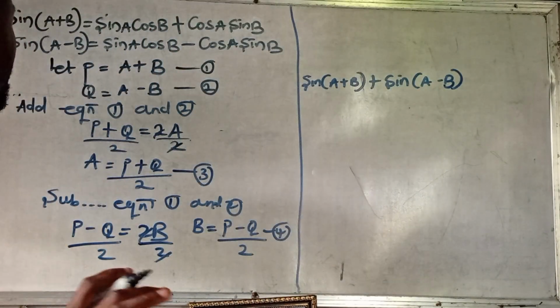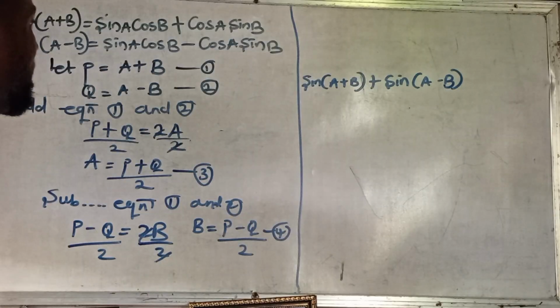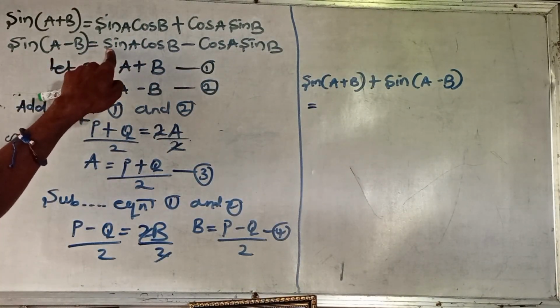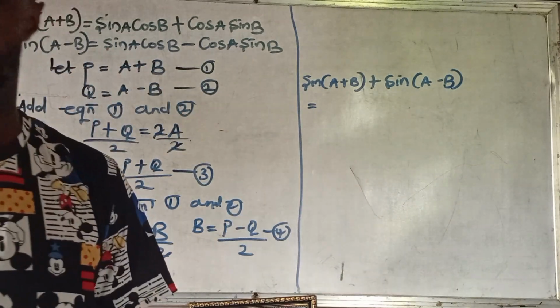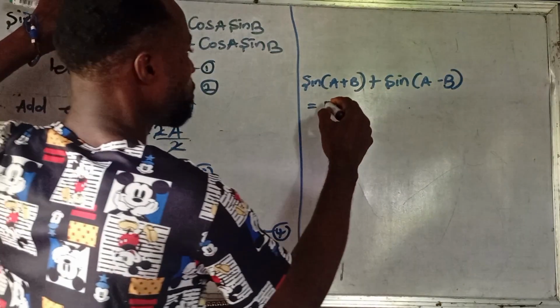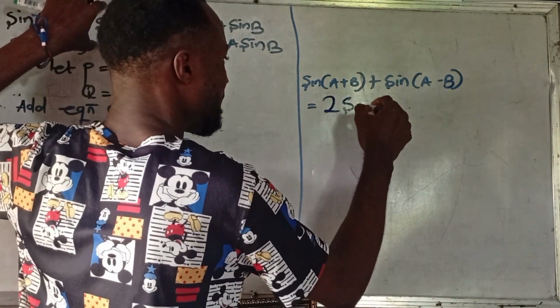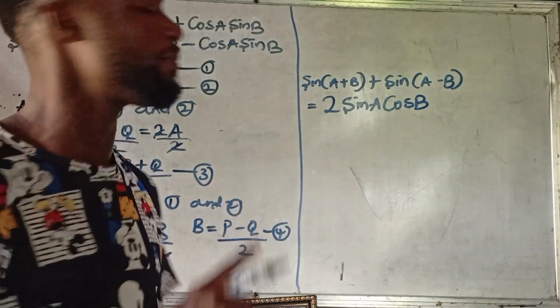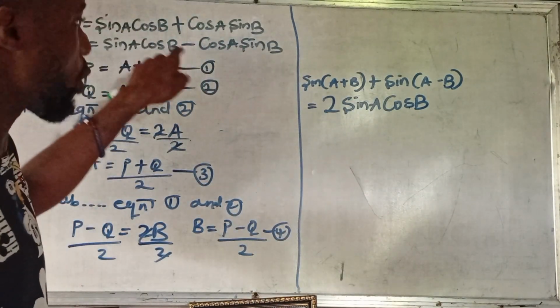It gives us sine A cos B plus sine A cos B, which is 2 sine A cos B.